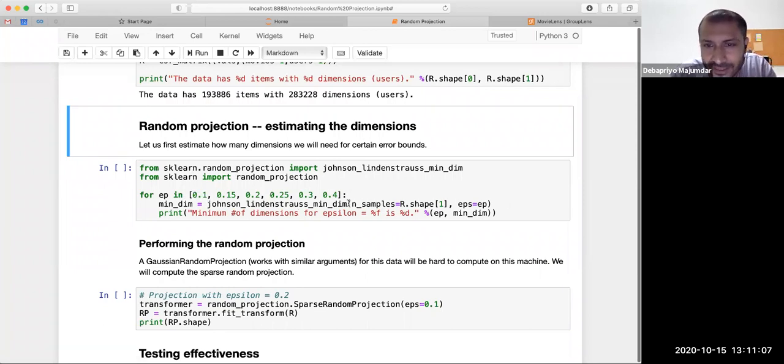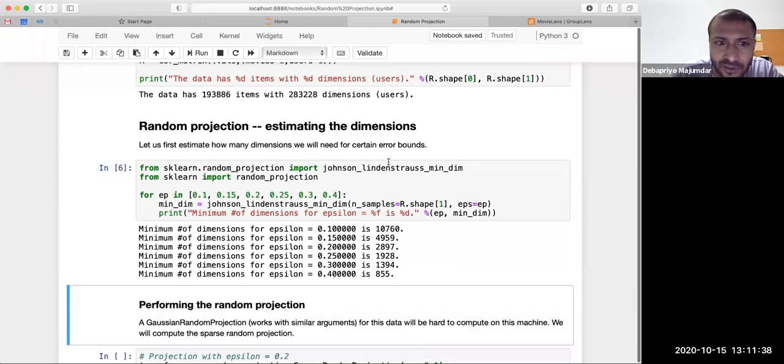So n samples is equal to r dot shape 1. So these are my dimensions, because when I project, I am not projecting users, I am projecting movies. My movies are vectors in the user space, but I am projecting onto a lower dimensional space. If we do the opposite, if we make user profiles, then we can take the users as column vectors and movies as dimensions.